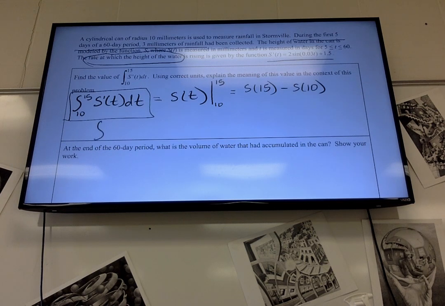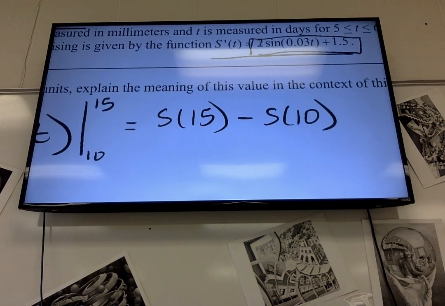So the integral of 10 to 15 of S prime of T. It is totally fine to write S prime of T in your work, because here's what happens. Especially on calculator problems, people will write down the function, which is okay. There's nothing wrong with writing down what it's equal to.